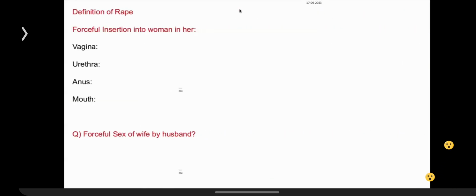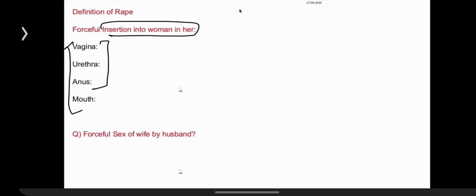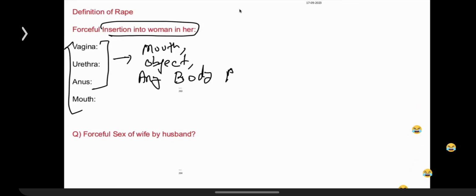Okay. Definition of rape is insertion into a woman's vagina, urethra, anus, and mouth. Earlier it was you insert, you apply mouth, insert any object or any body part into these, or of course the penis, or any of these things.